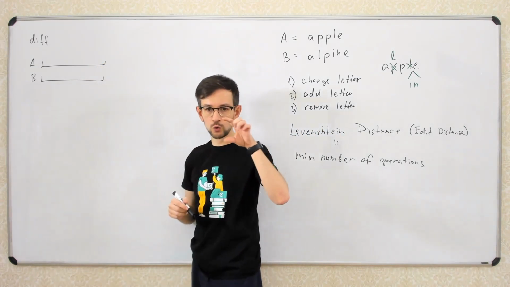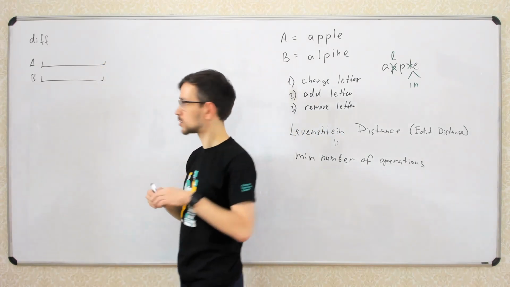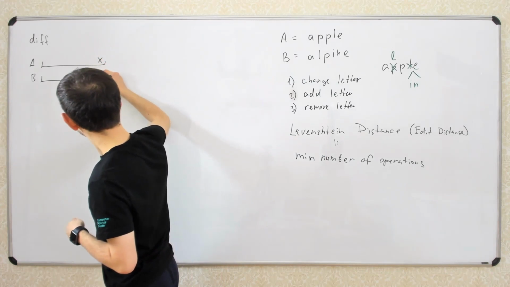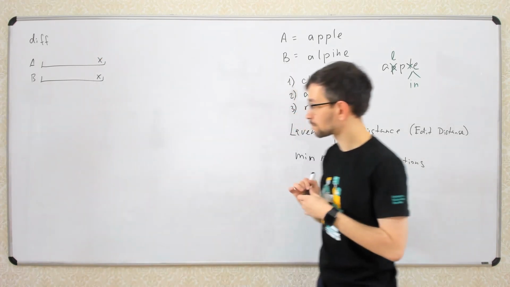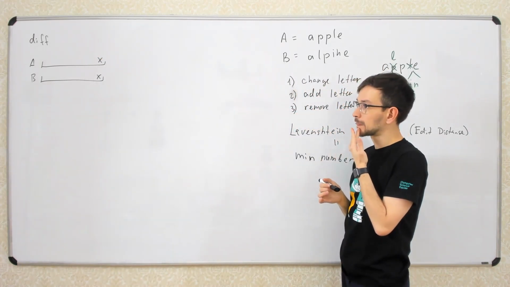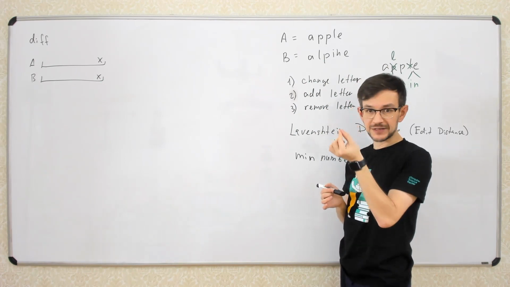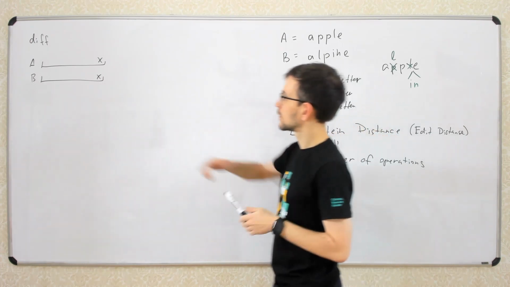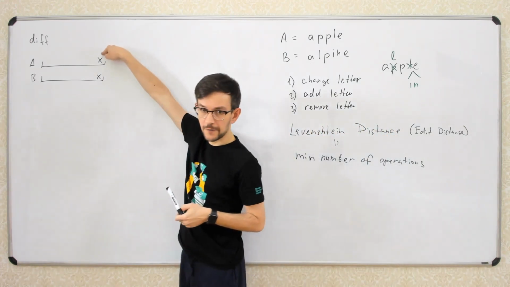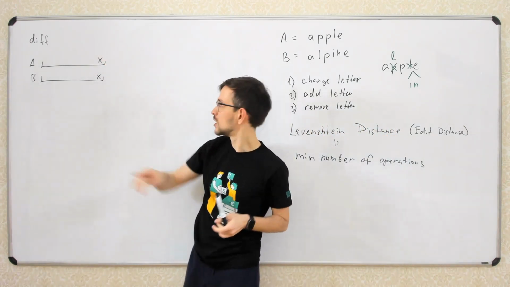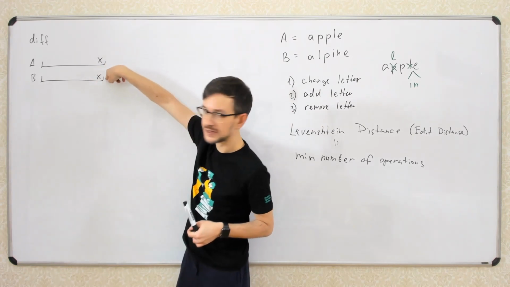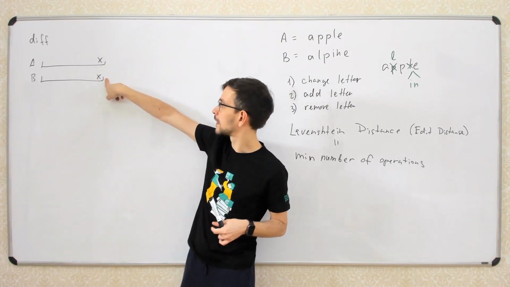If they have the same character in the last position, so we have some character X here and here, then what can we do? We can leave this X in the same place, so we don't touch it.